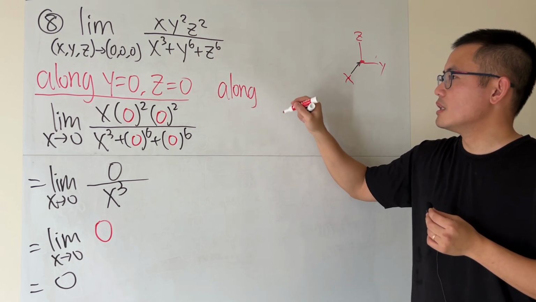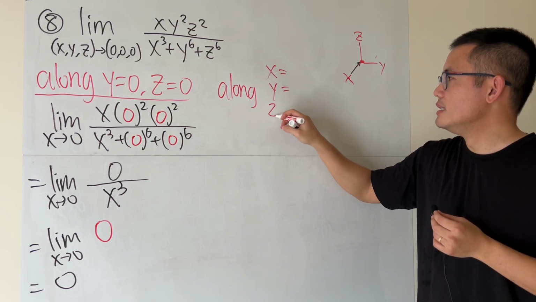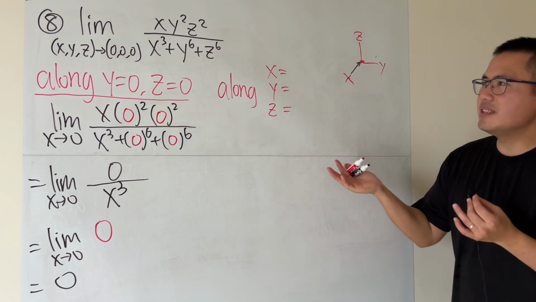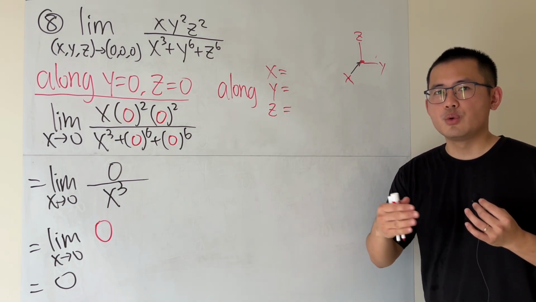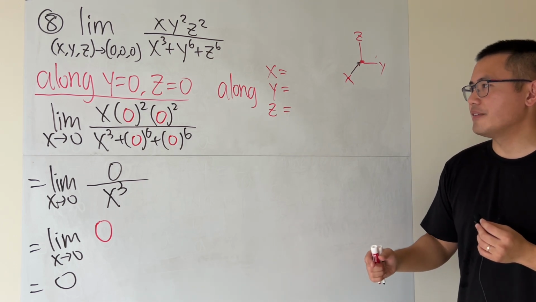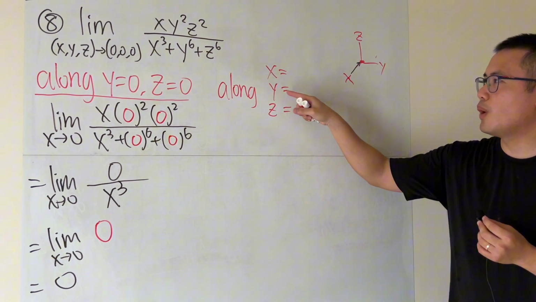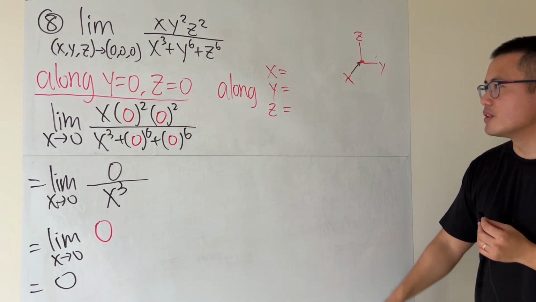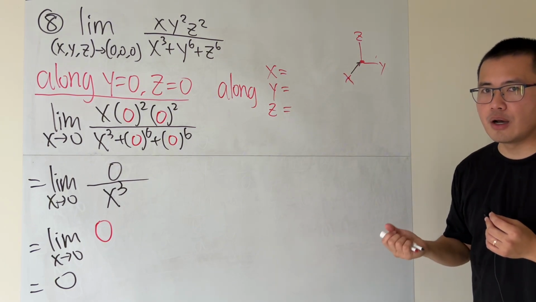Again, we have to write x equals, y equals, and z equals, right? Because you can think about it, if this is just 2 variables, we can say y is equal to some x. But if you have 3 variables like this, if you want to say y is equal to what? X and y, that's not a path, right? So x, y, and z in terms of t, but now what though?